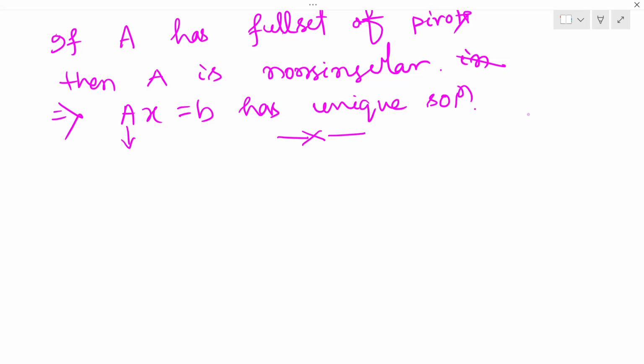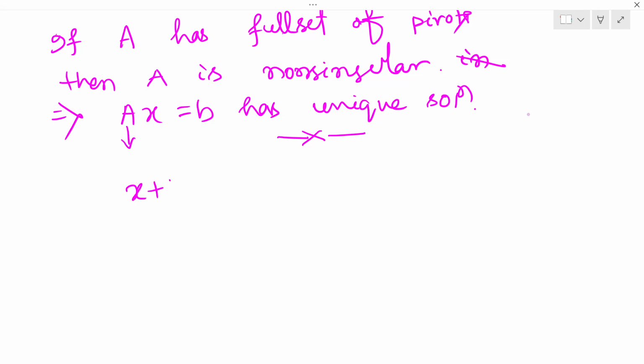The question is, evaluate the values of d for which the system of equations has a unique solution. Here a system of equations is given. Find out the value of d for which it has a unique solution.